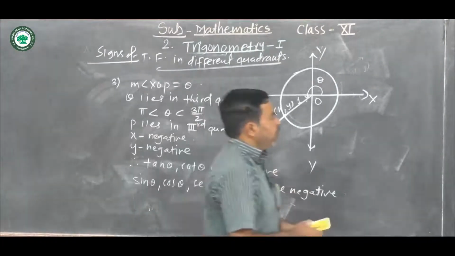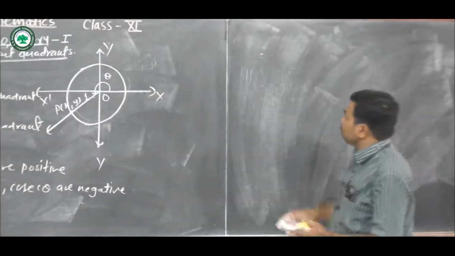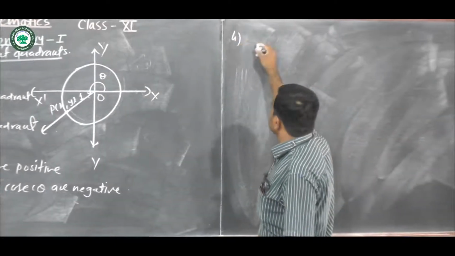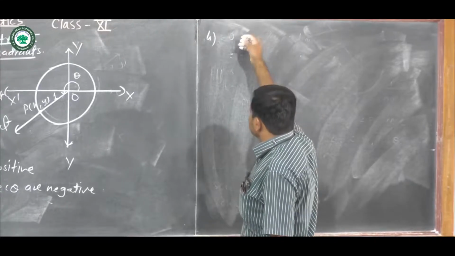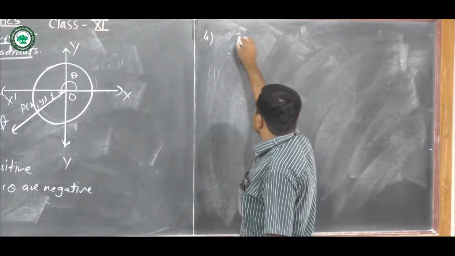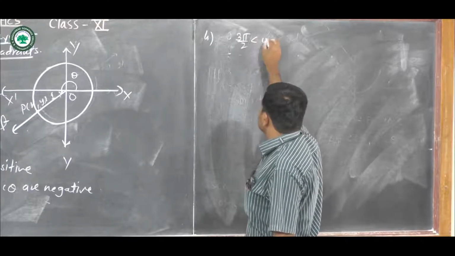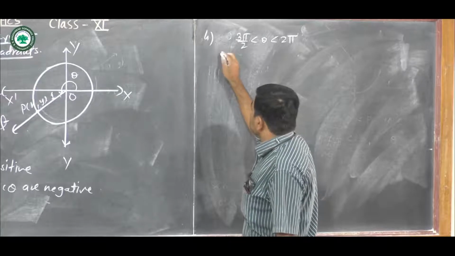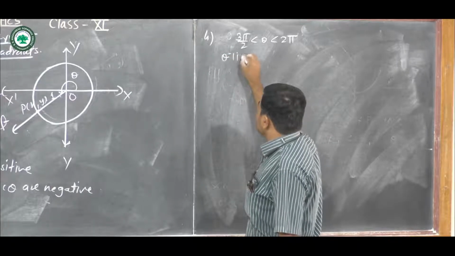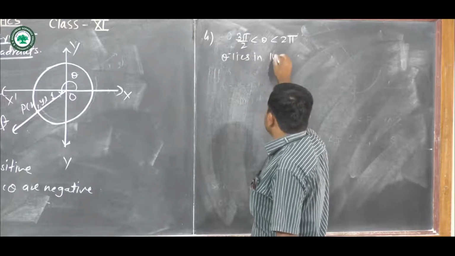Now let's see for fourth quadrant. Now in fourth quadrant, theta means 3 pi by 2 is less than theta is less than 2 pi. Means theta lies in fourth quadrant.